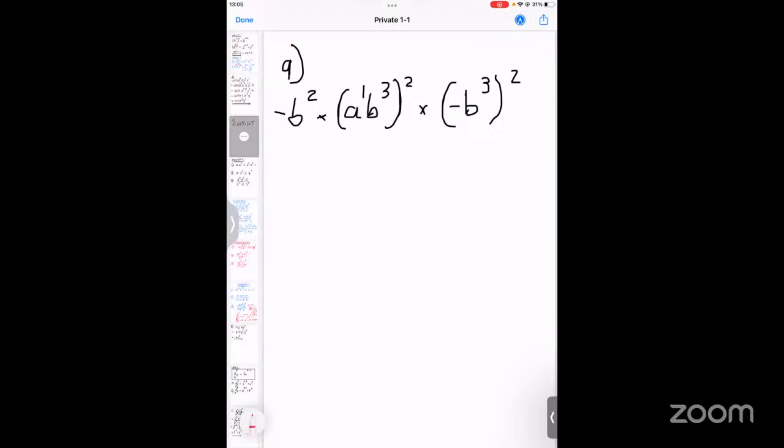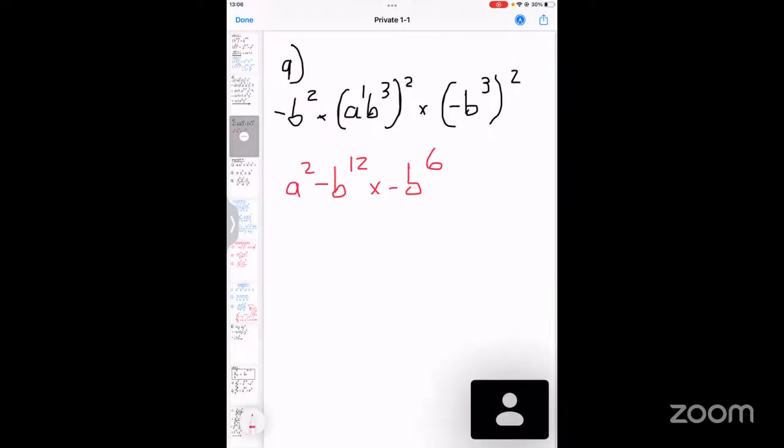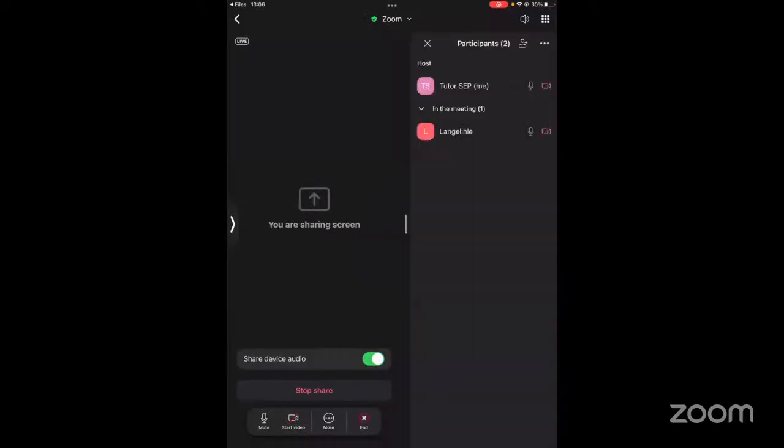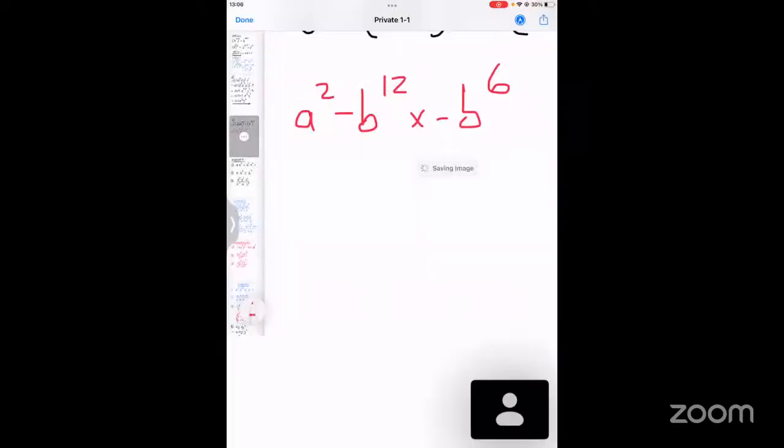Can you see that one? This is the one that I'm talking about. A squared, you have that. Can you see this one, Langelihle? Langelihle, are you still there? Yes, I'm still here. No, don't mute yourself. It's fine. For today, you don't need to mute yourself.